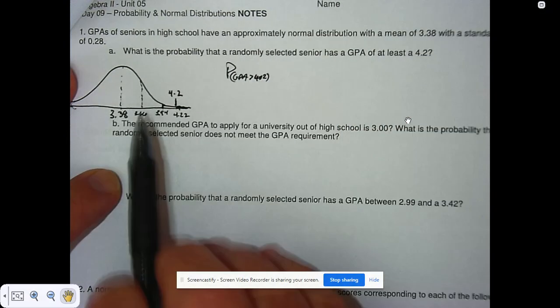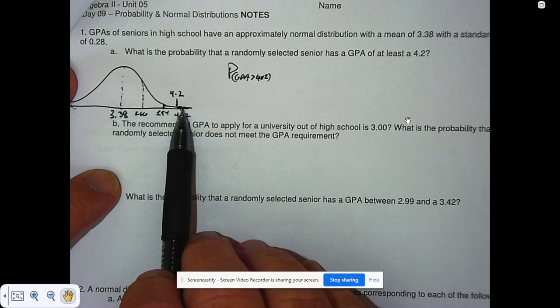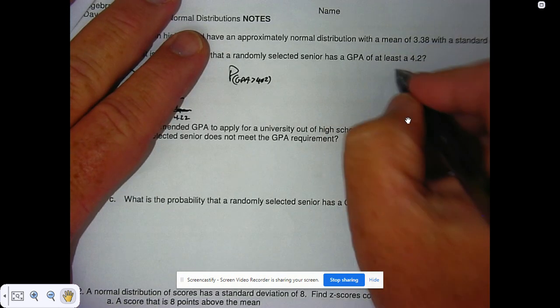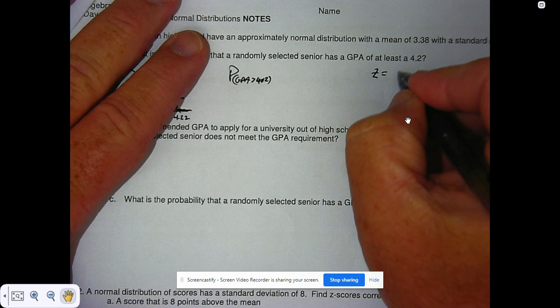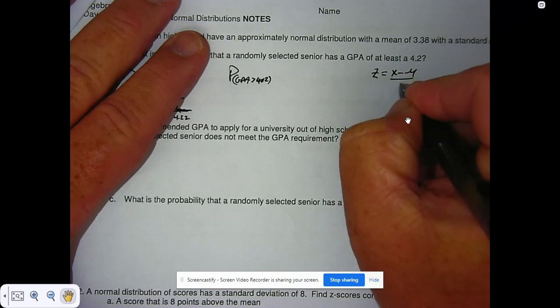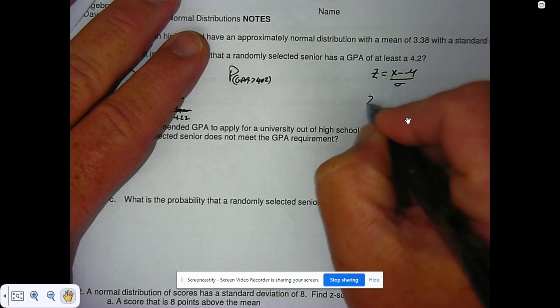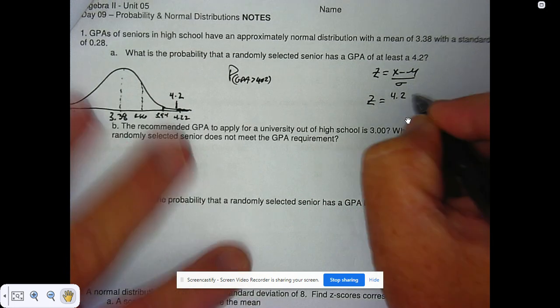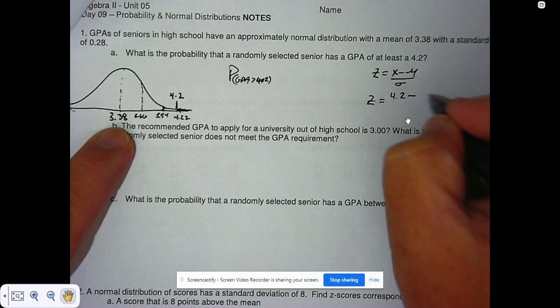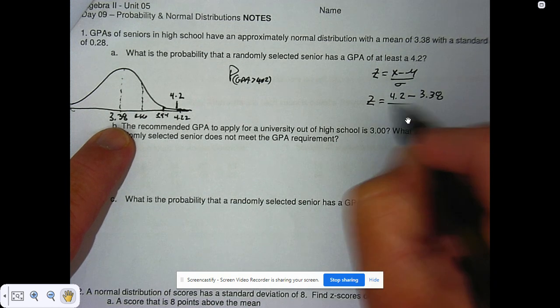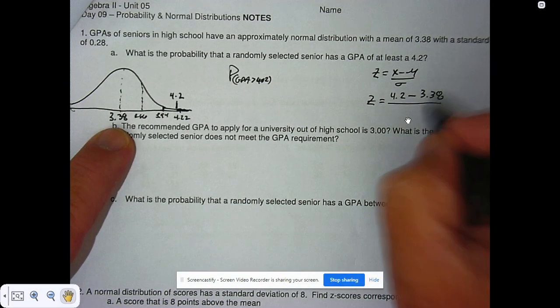So let's turn these into a z-score so we can look up the probability on our z-table. So I have to take my z formula. The data point we want is 4.2. The mean is 3.38. And we're going to divide by our standard deviation of 0.28.